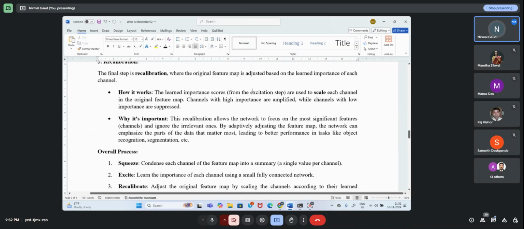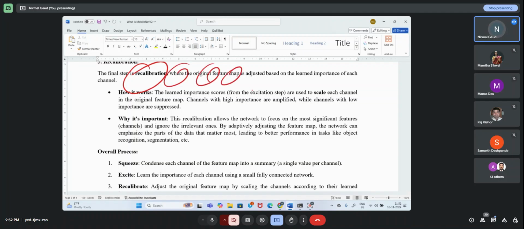Then recalibration. The final step is recalibration, where the original feature map is adjusted. That means scaling. We want to scale each channel of the original feature map. So after passing through all of these, scale it back. That is amplification.